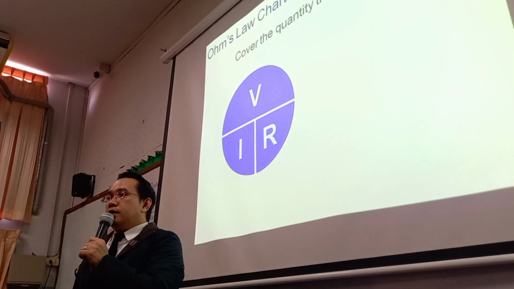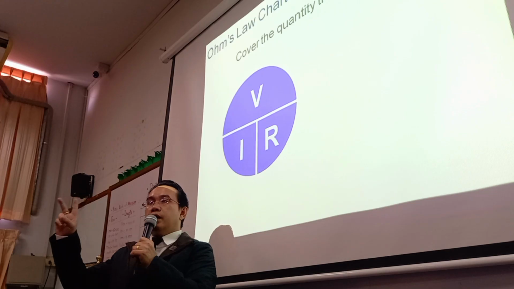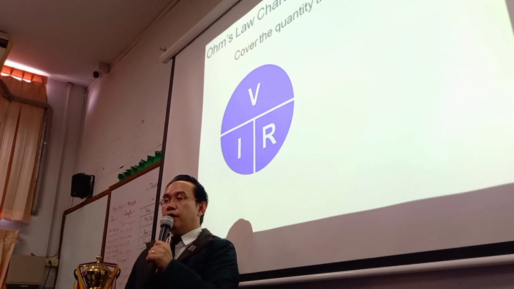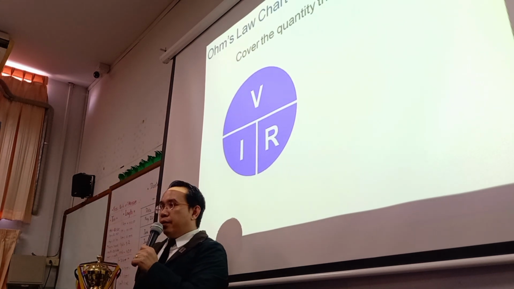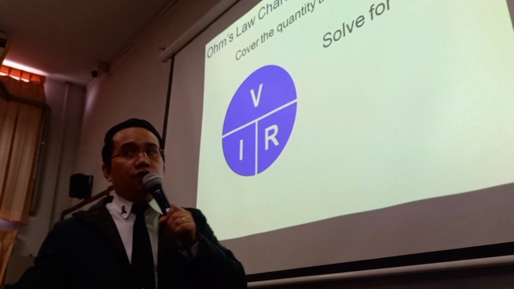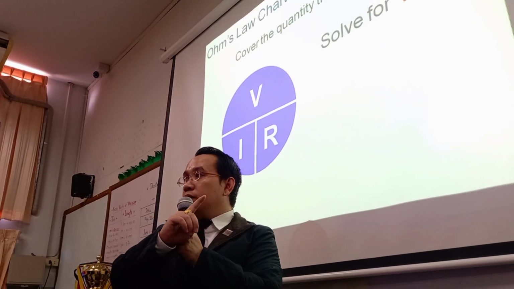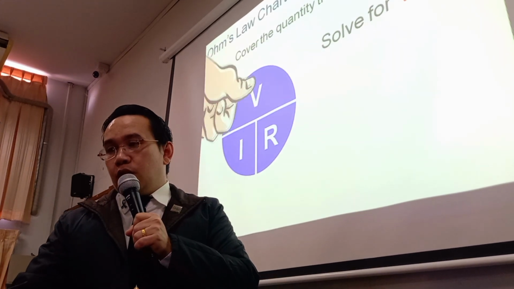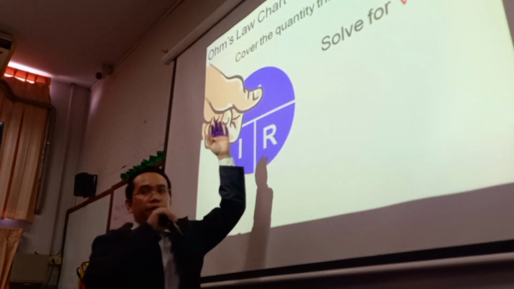This Ohm's law chart covers the three important quantities. We have a triangular method to simplify our understanding of how to structure the formula if one of them is unknown. For example, when we solve for V, what is V again? Voltage. What is I? Current. What is R? Resistance. When we solve for V, just rearrange it like this.